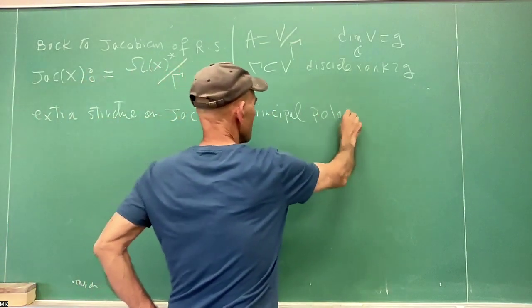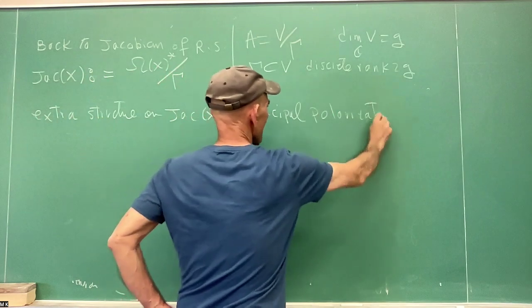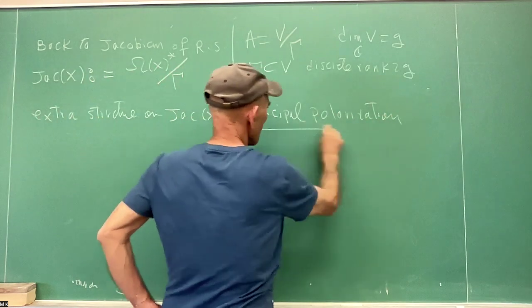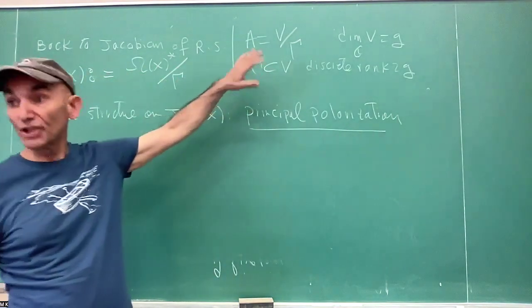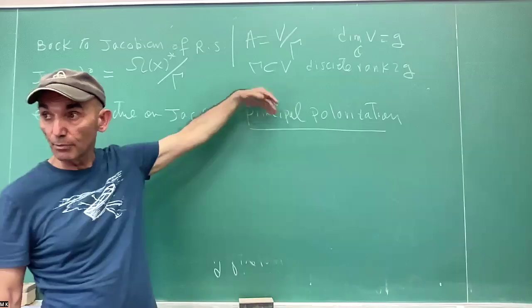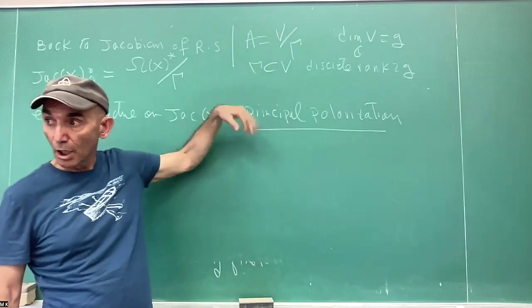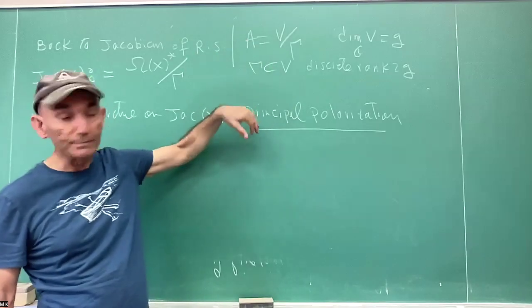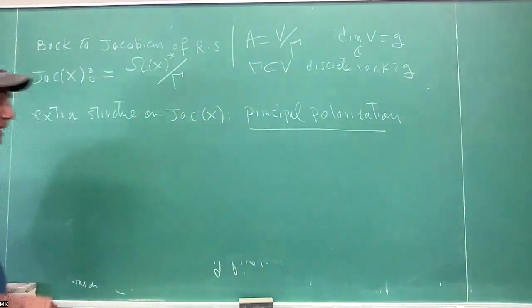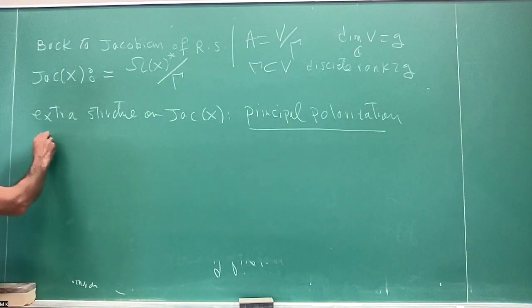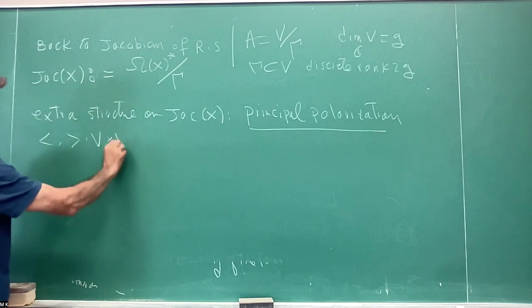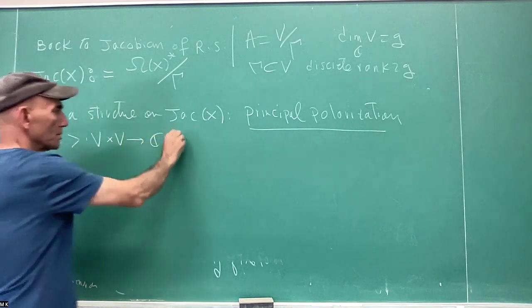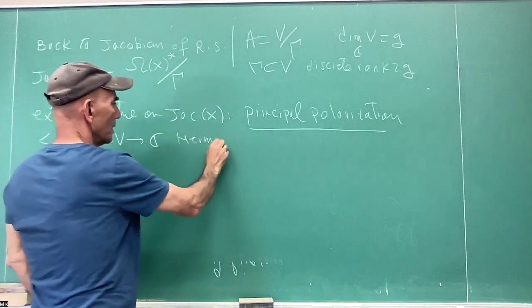I define it for general abelian varieties, and you'll see why on Jacobians we have that. On V, a principal polarization means that there exists a positive definite Hermitian inner product.